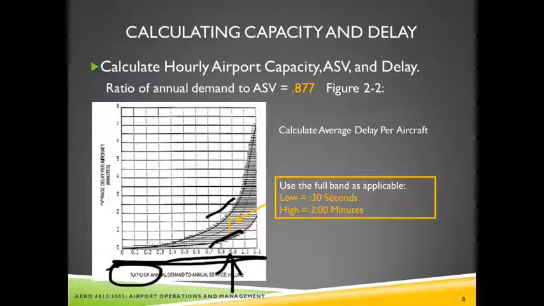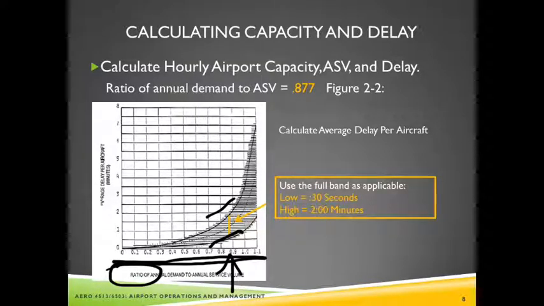Note that this is the average per aircraft, spread over 250,000 operations. Some will have a far greater delay than 30 seconds, which is what we've come to in our scenario, or 2 minutes as the maximum average delay in our scenario. Many will have no delay at all.